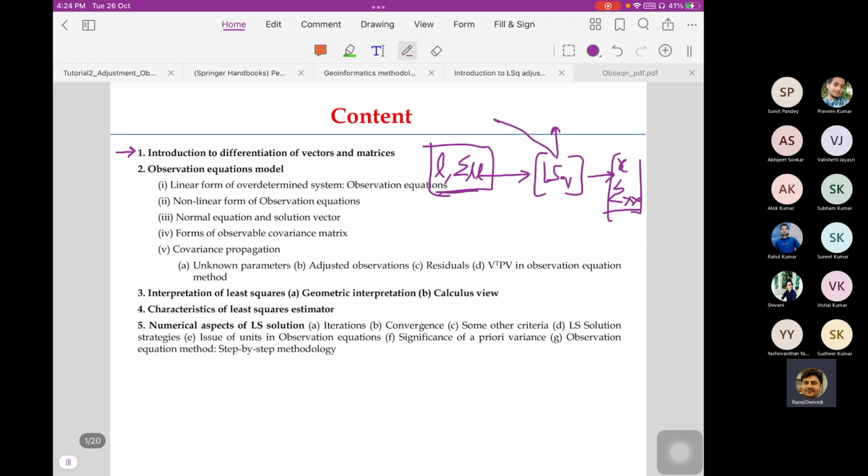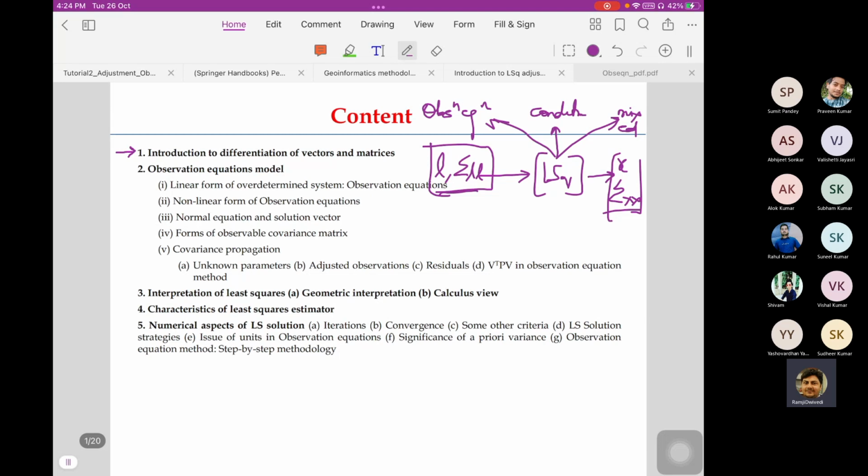They are formed in three manners. One is called the observation equation model, another is called the condition equation model, and another one is called the mixed model. So there are three types of model that we are going to discuss in this course.